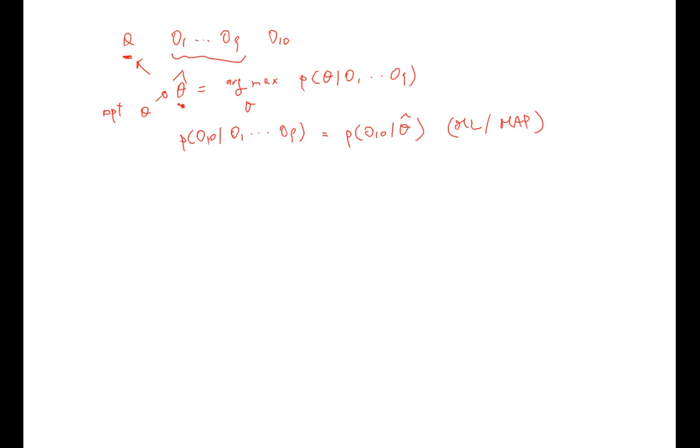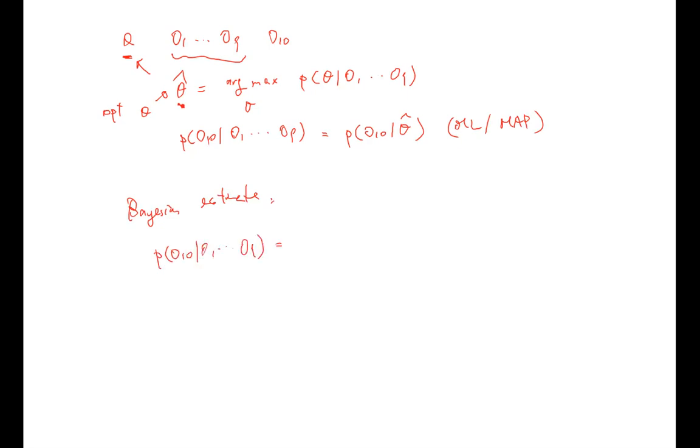For Bayesian, I will do a weighted sum for the estimation instead of just picking one optimal model and using that for the estimate. So if I do a Bayesian estimate, I'll just do a weighted sum for P of O10 given O1 up to O9.